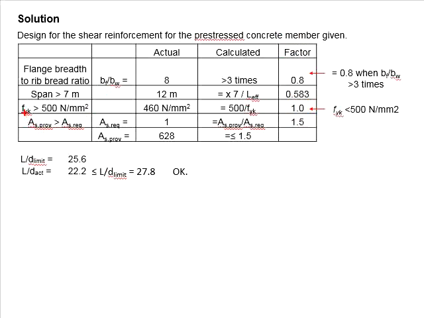And then lastly, we look into the As provided. Based on the calculation, no reinforcement bar is required. However, it is provided with 628 mm². We simply assume that 1 mm² is required as the As required in order to make this number valid.